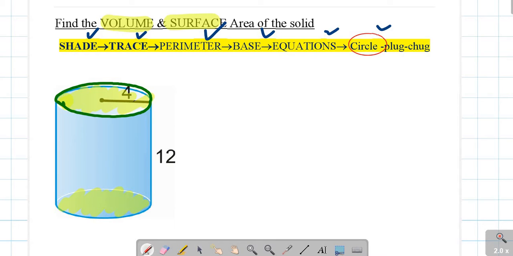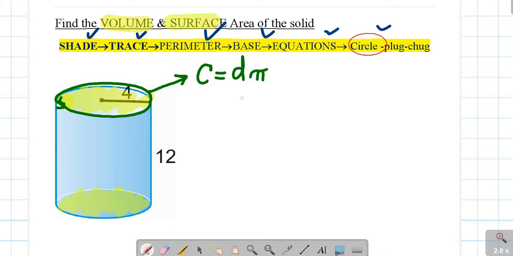Now, trace your base. Shade, trace. Perimeter. So now we're going to start finding the perimeter of this. Since it's a circle, we don't call it perimeter, we call it circumference. We're going to write our equation, C equals D pi.